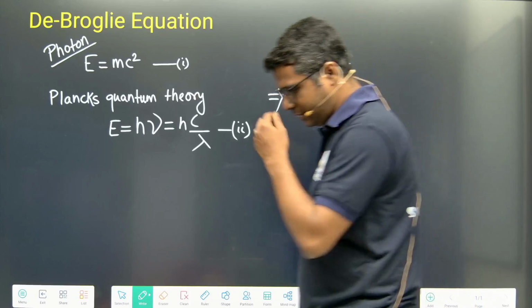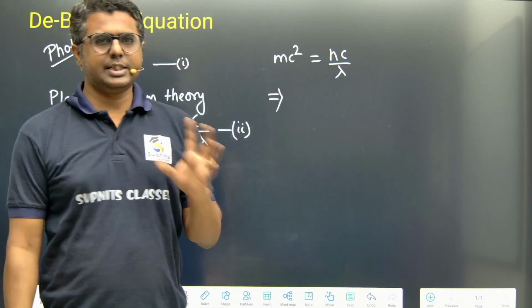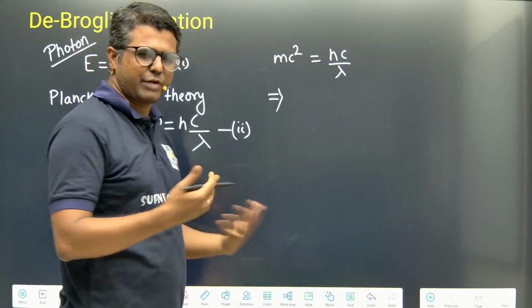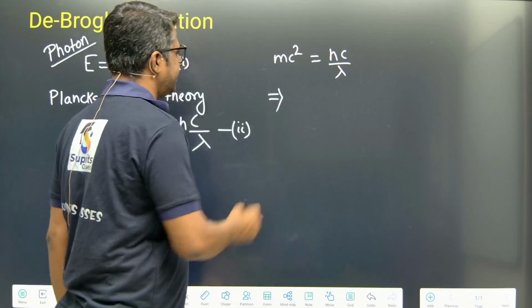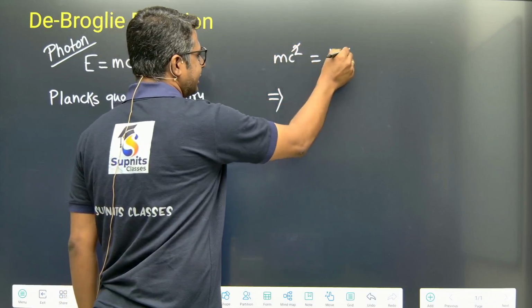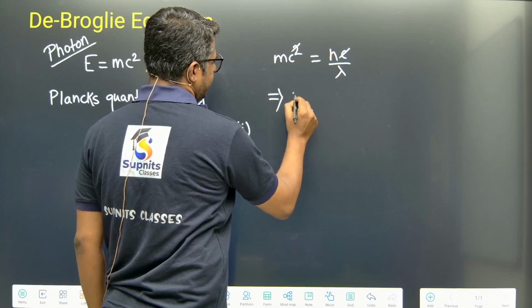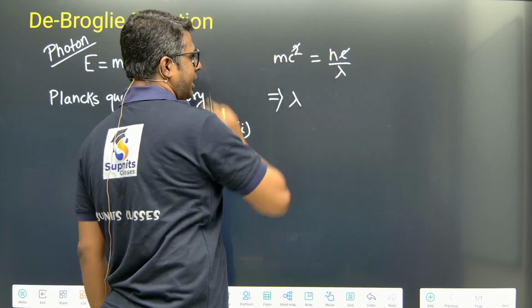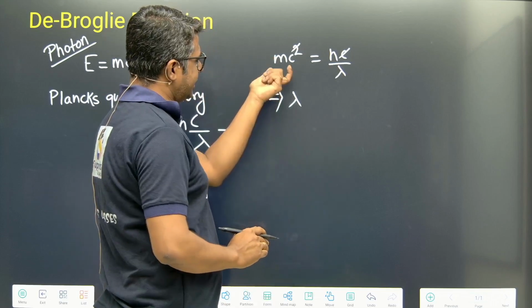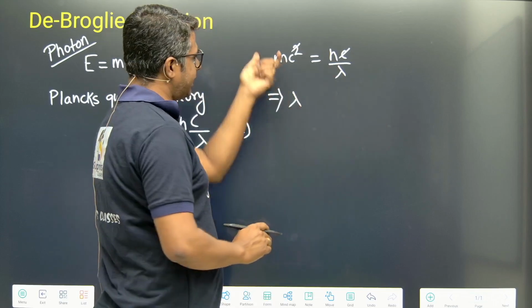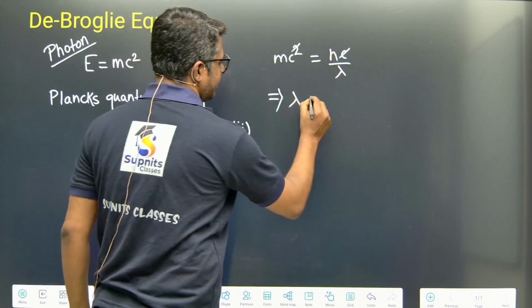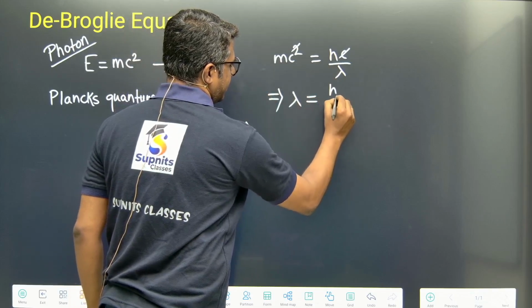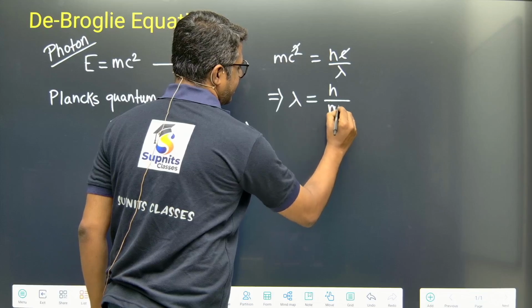Now from here you can easily manufacture something, right? What we can manufacture? One of the c gets cancelled out. So see, if I bring this lambda to the left hand side and take this mc to the right hand side, so this mc will come in the denominator, lambda is equal to h by mc.